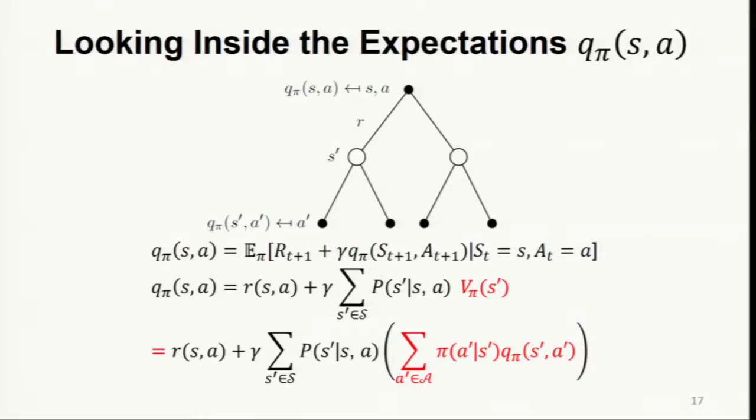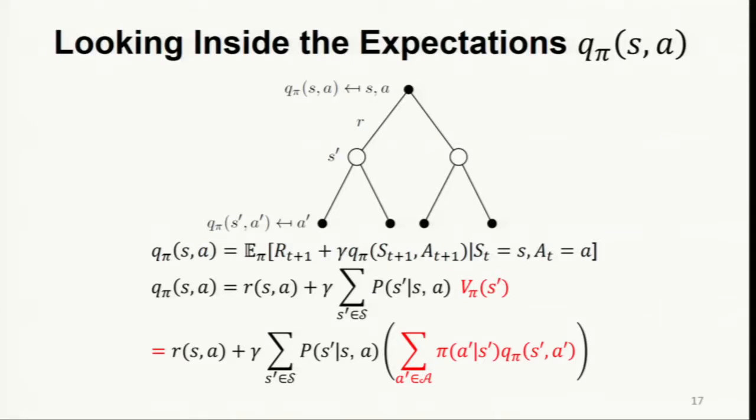So that's why, in this equation right over here, up to this point, we only consider this black and this white circle. The white circle is here, and the black dot is right here. And then we're going to expand this V pi of S prime.